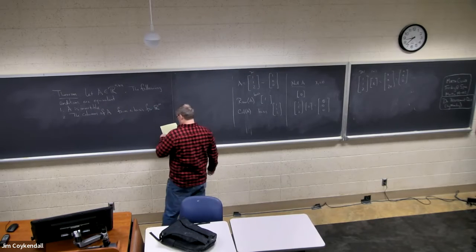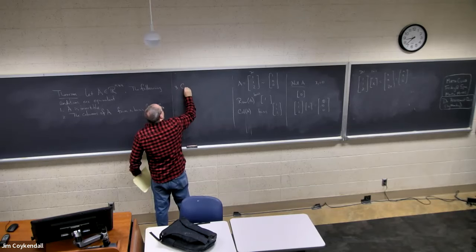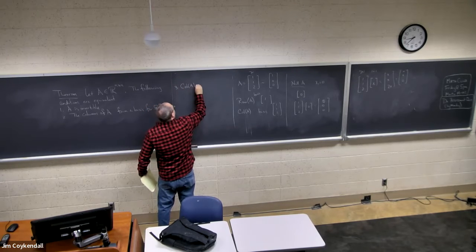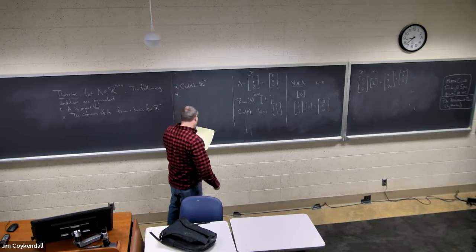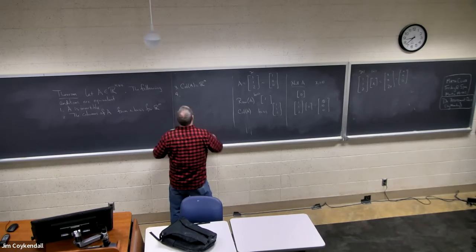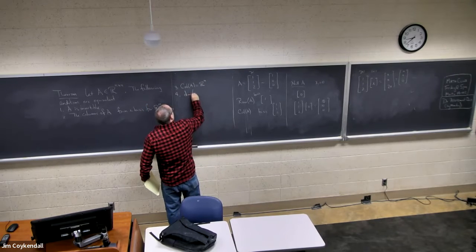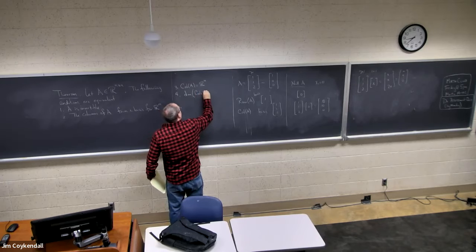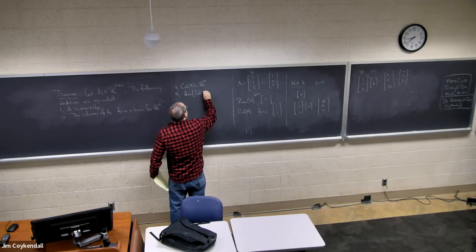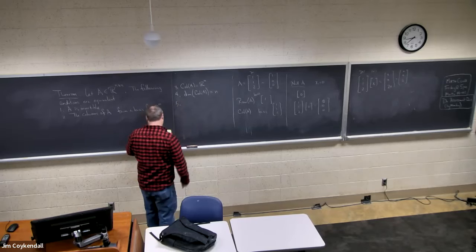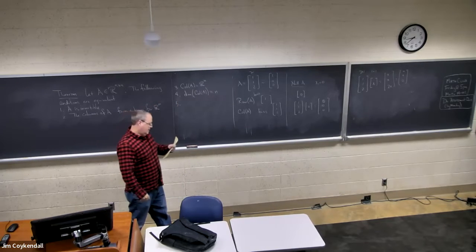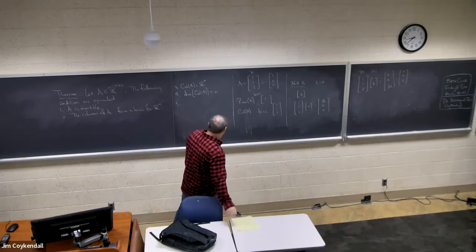Number 3, the column space of A is all of Rn. Number 4, the dimension of the column space of A is n. The rank of A is n.